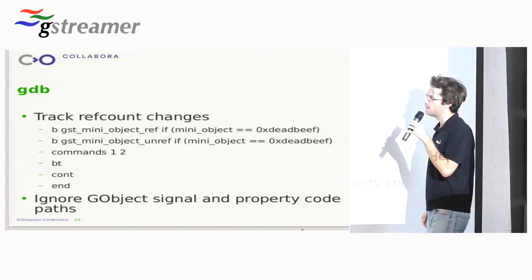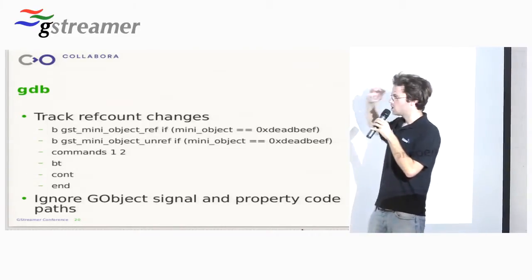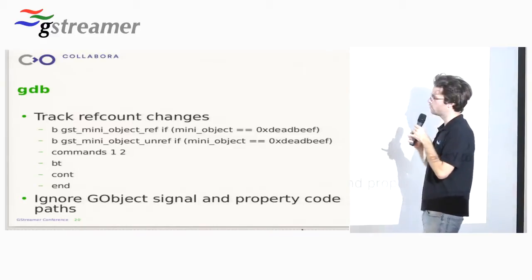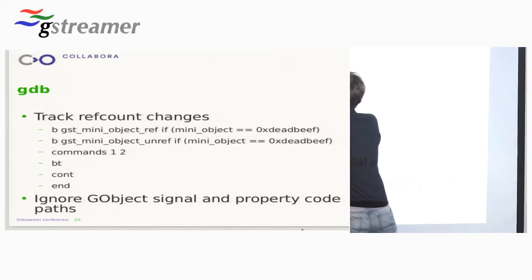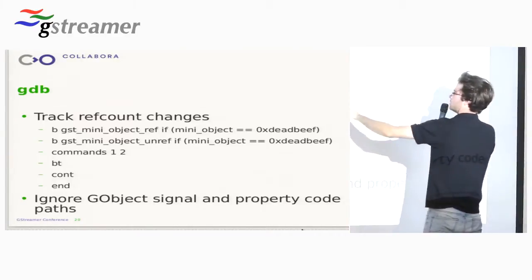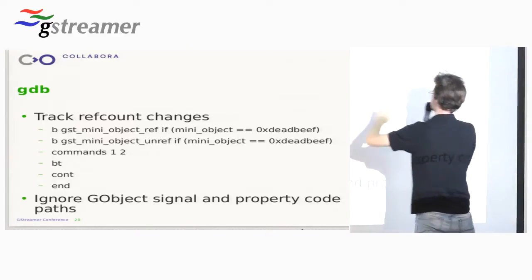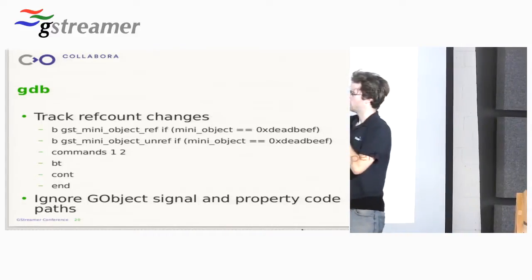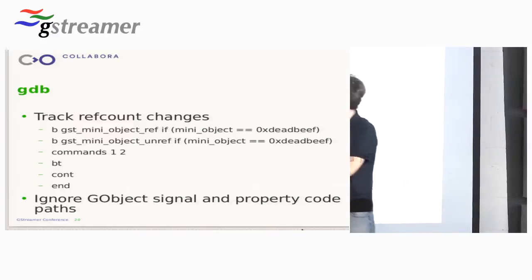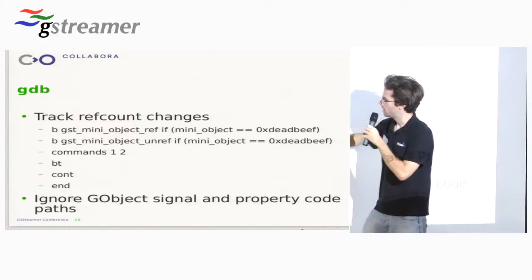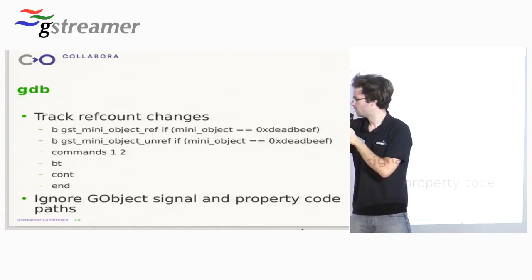And I'm using that to catch each time an object is being ref'd or unref'd. So you say, okay, I want a breakpoint on this function, but only if the object, which is the argument of the function, is this specific address. You can do that with the unref as well. And then you say, okay, each time I enter these two breakpoints, I want a stack trace, and then you continue.